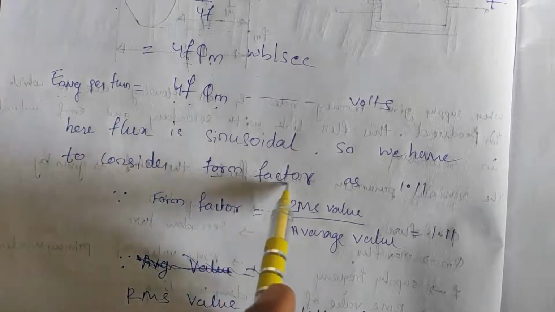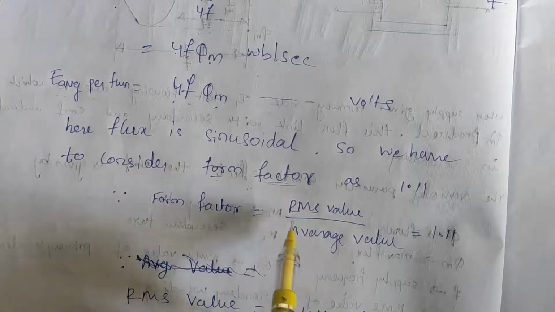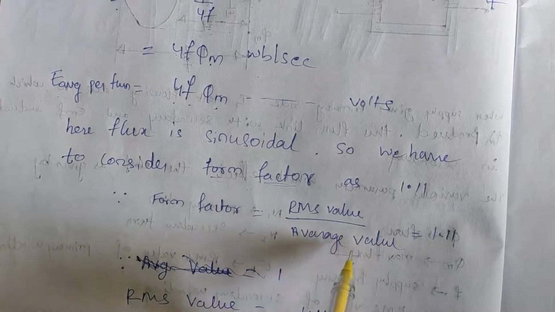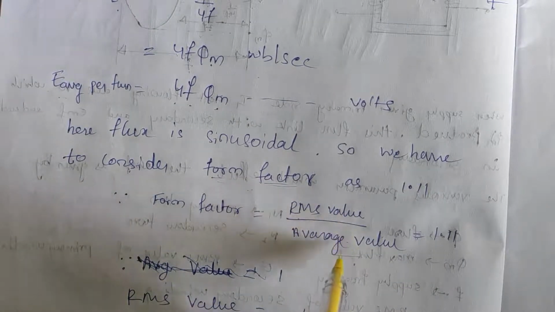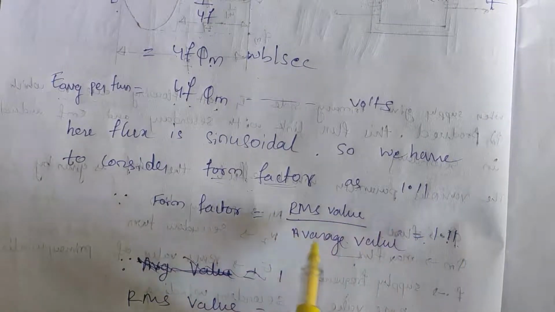When you solve this, 4f comes to the numerator. So now the average EMF per turn will be 4 frequency and maximum flux.